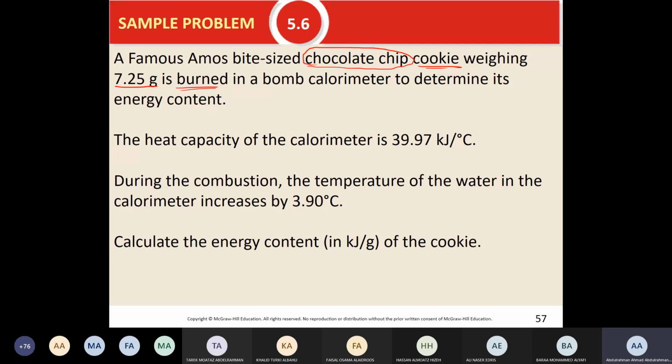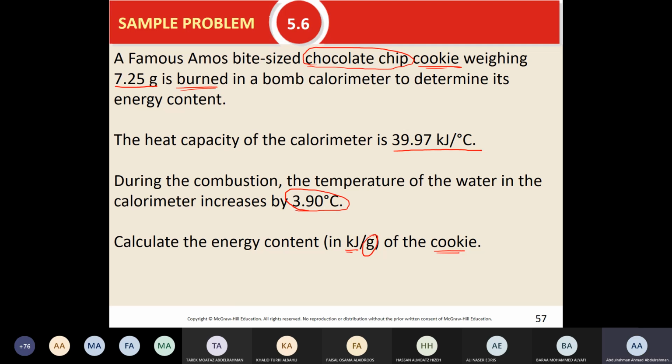The heat capacity of the calorimeter is 39.97 kilojoule per degree C. During combustion, the temperature of the water in the calorimeter increased by 3.90 degrees C. Calculate the energy content of the cookie per gram.